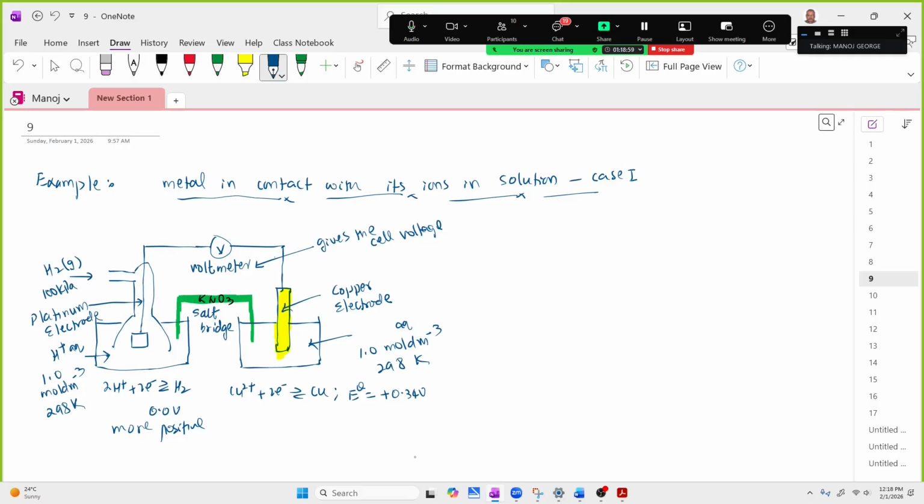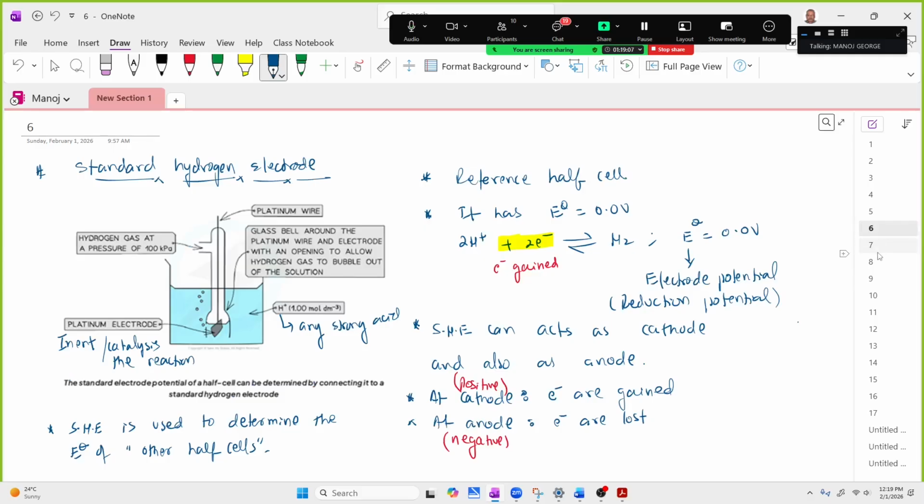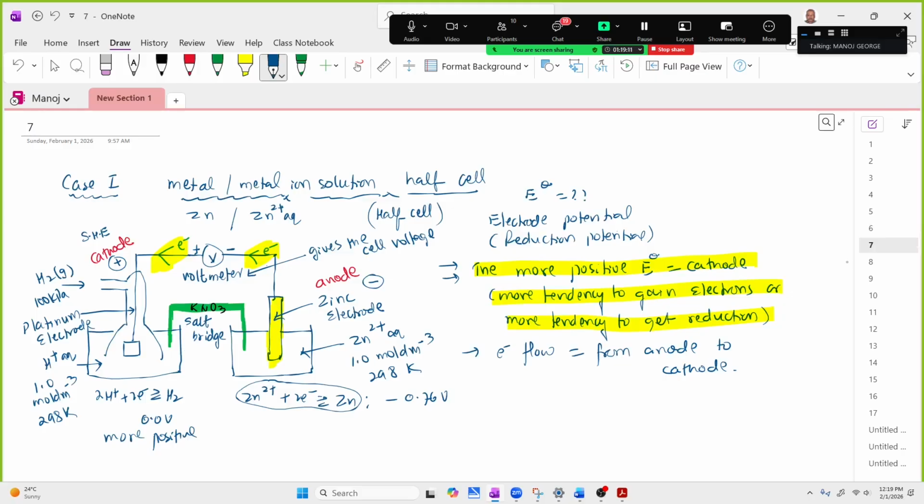Okay, but since we don't have a voltmeter, I gave you a cheat. I said, okay, fine, the one which is more positive, look at my star point here, the more positive E dot is going to act as cathode. The one which has a greater tendency to gain the electron, greater tendency to get reduced, will act as cathode.